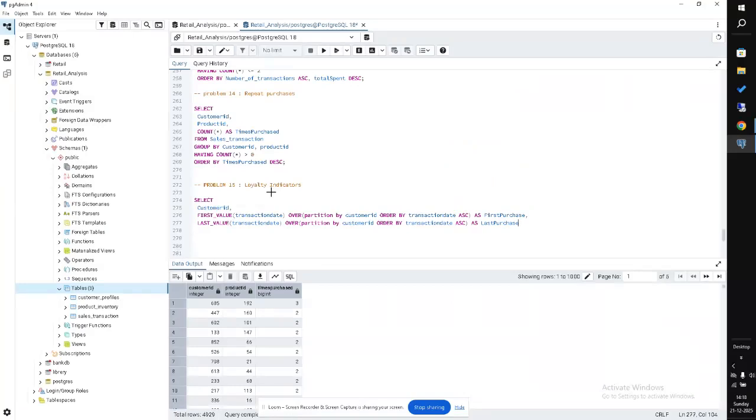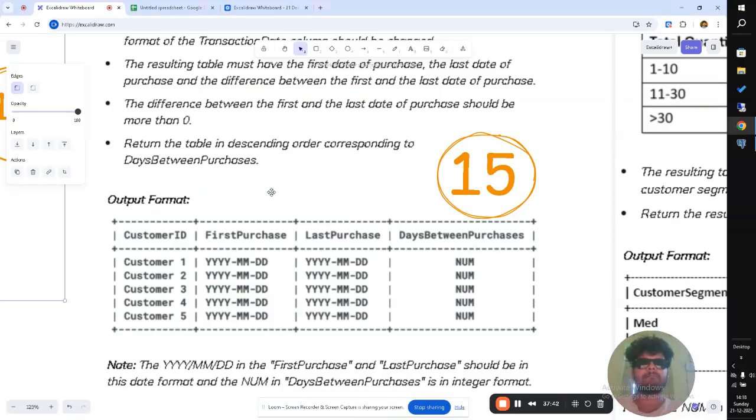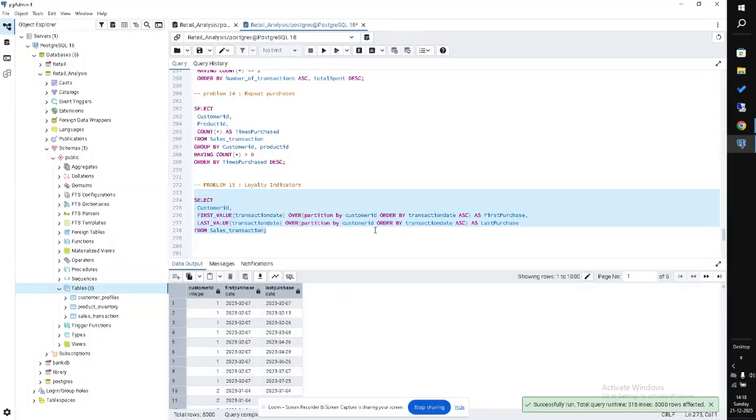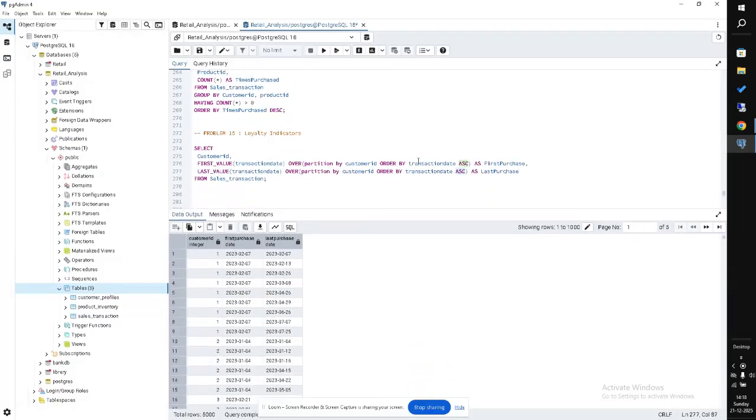Okay, from sales transaction. Okay, we use directly the group by.